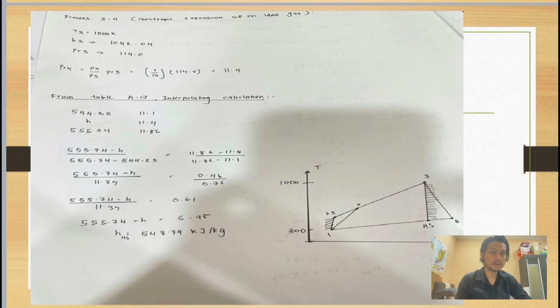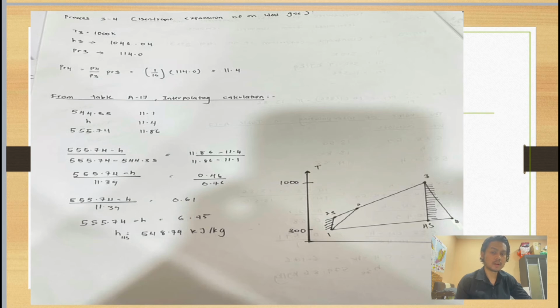Process 3 to 4 uses the same method as process 1 to 2. This time the turbine inlet is 1000 K, so there is different information, which we collected from Table A17. H3 we get 1046.04, and PR3 we get 114. So how do we get PR4?